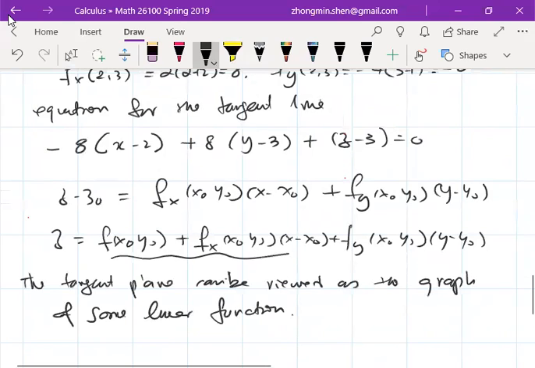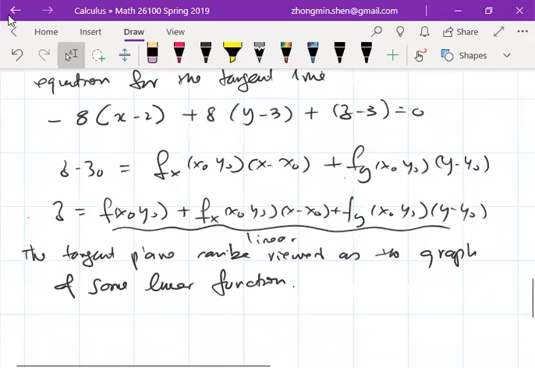See that this is a linear function in x and y. You can modify, you can simplify that, but let's do this.